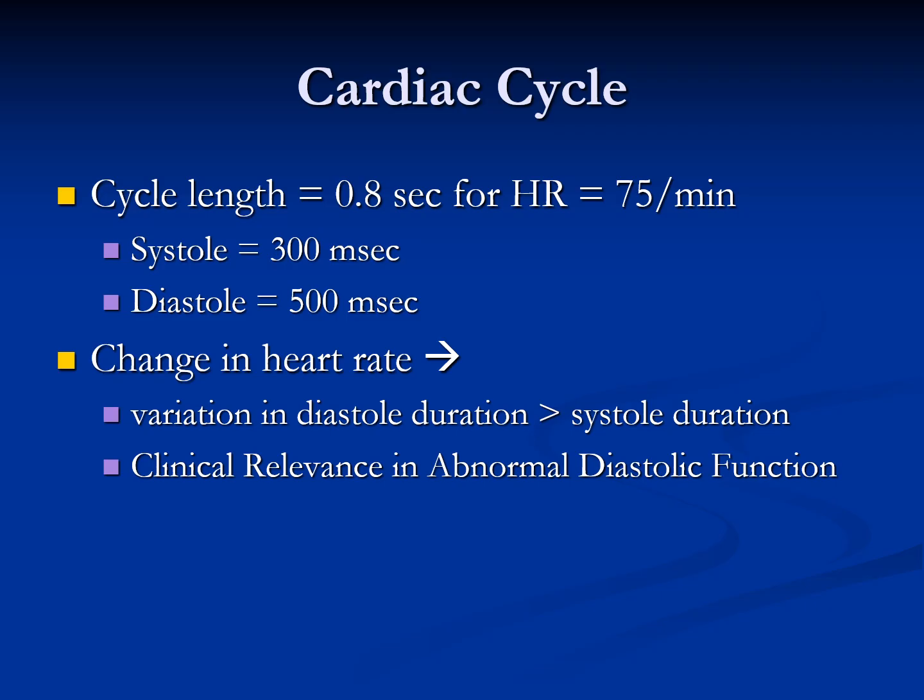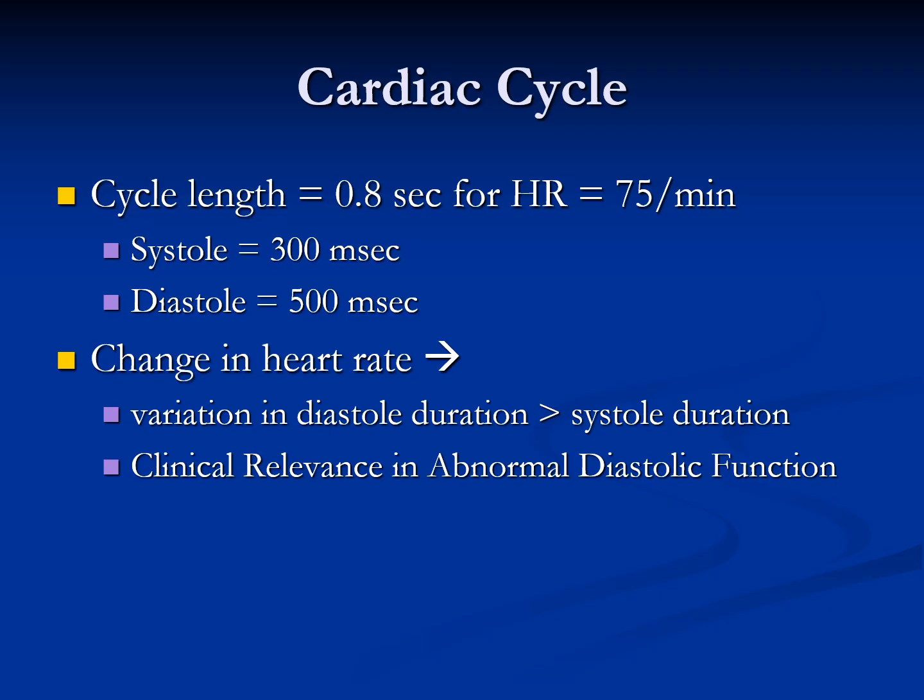But effectively, if you look at systole and diastole, what changes really is the duration of diastole. So systole more or less has a fixed duration, but diastole is what varies. And you don't have to remember 300 and 500 milliseconds. No one's going to ask you about this. This is just an illustration that what varies is diastole.